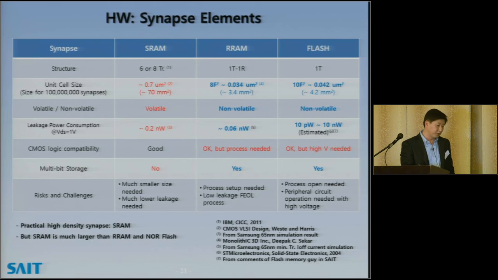There are many approaches, SRAM or RRAM or FLASH, but all of these are not optimized yet, and there are still research issues. Some are non-volatile, so it's very good when it's finished, because you can keep the weight, but it's difficult to change the weight because it needs high voltages, and there are still area issues. So these are still under study.